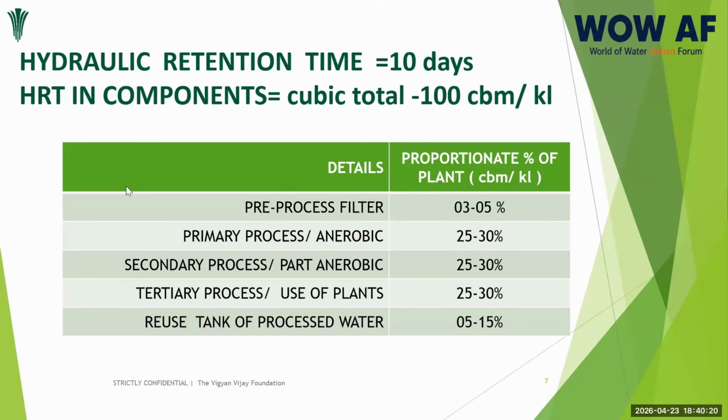For example, when you have an RO filter or an AquaGuard filter in the home, this is nothing to do with a DEWATS treatment. It is totally a small experience which I've learned. Suppose you have an AquaGuard in the home.